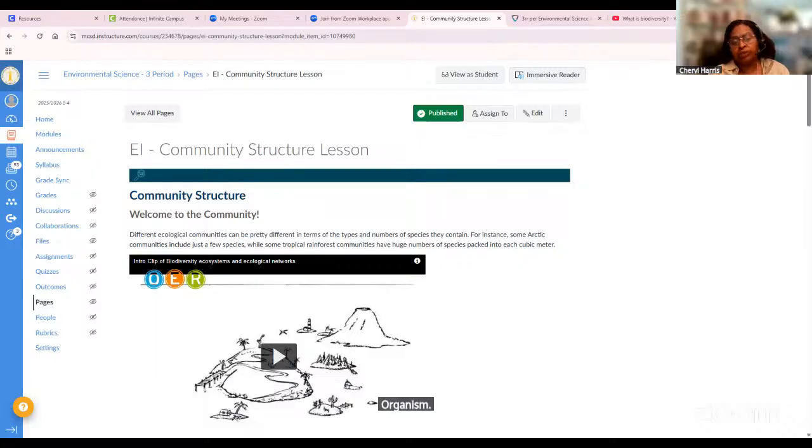And you put a bunch of organisms of the same kind together, and that's a population. And then that population exists with other populations in the same place, and that's a community. So in a community, we have this lovely word called biodiversity because these individuals are different.